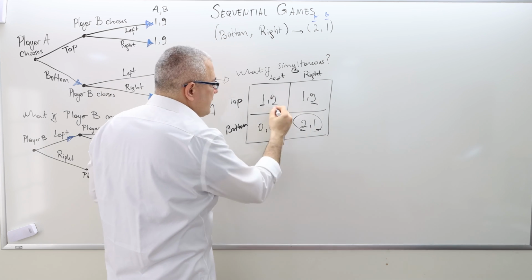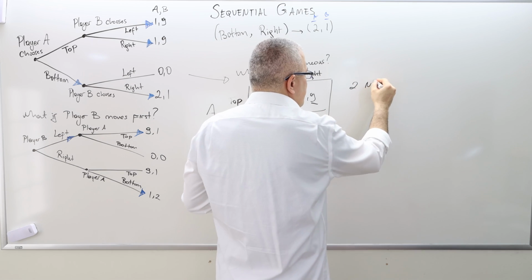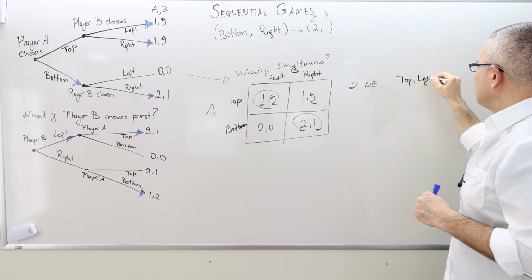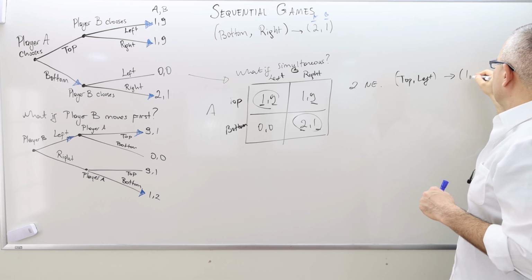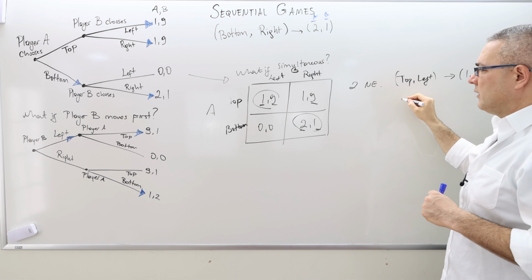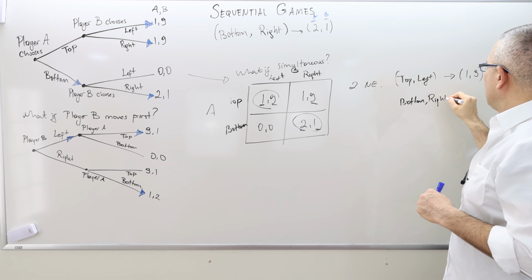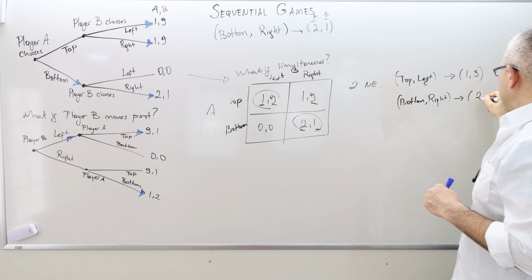So you know what? In this game, there are 2 Nash equilibria, one of which is top left, with a payoff 1 and 9, and the other one is bottom right, with the payoff 2 and 1.